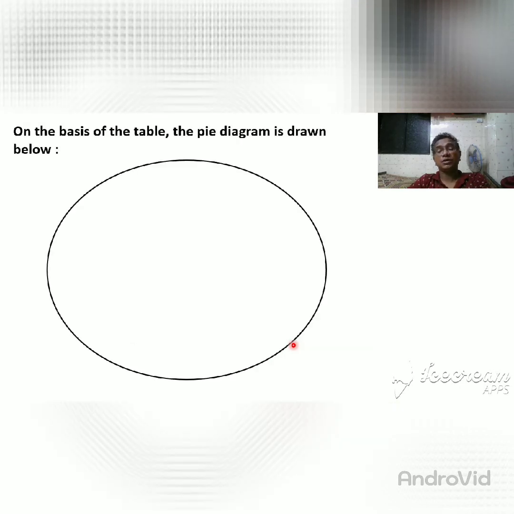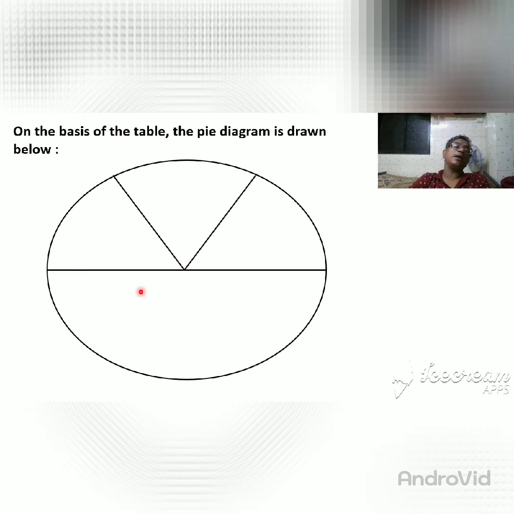So first we draw the circle. You can take 3 centimeter radius or whatever you want. Okay, you take 3 centimeter radius and draw the circle. After drawing the circle, you take the angular measures which are given in the table. So first we take the angular measure in the circle. Then here we can give a name to each.